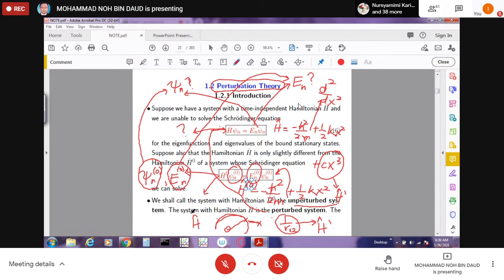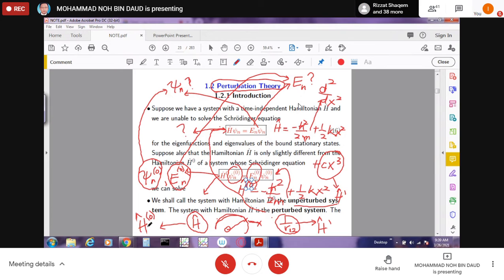What you learn in Physical 1 and Physical 2, for the hydrogen-like atoms for instance, is going to be denoted as the unperturbed Hamiltonian operator.